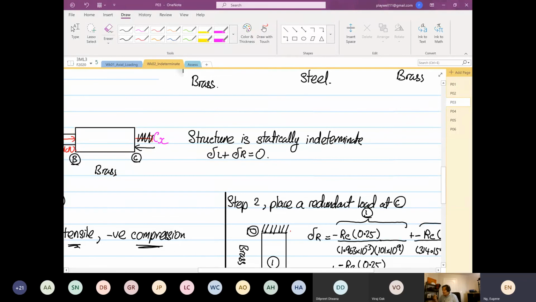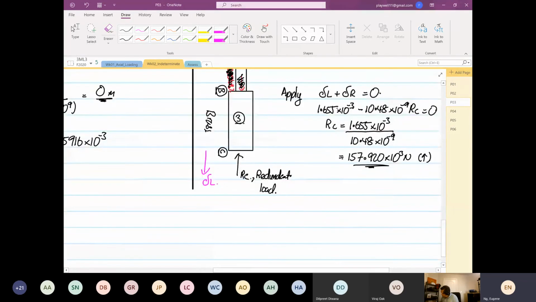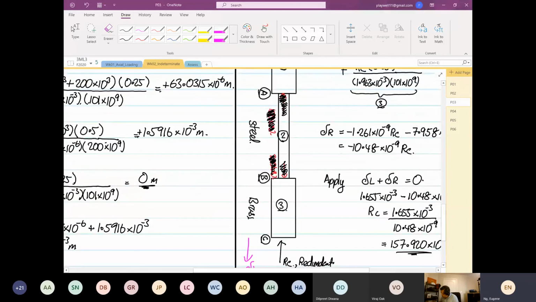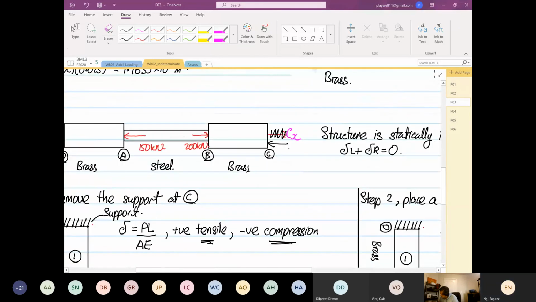As engineers, you don't wipe out your initial assumption, but you know that it's wrong. So now it's equal to 157.92 times 10 to the power 3 Newton.